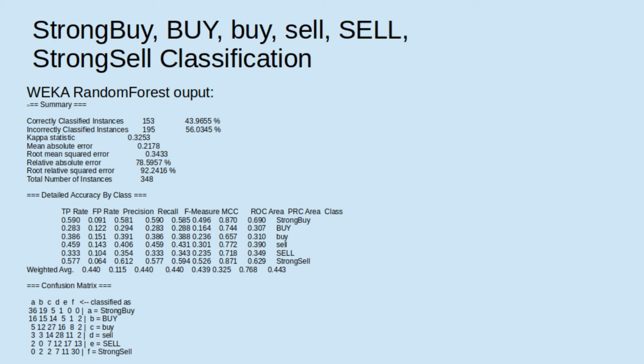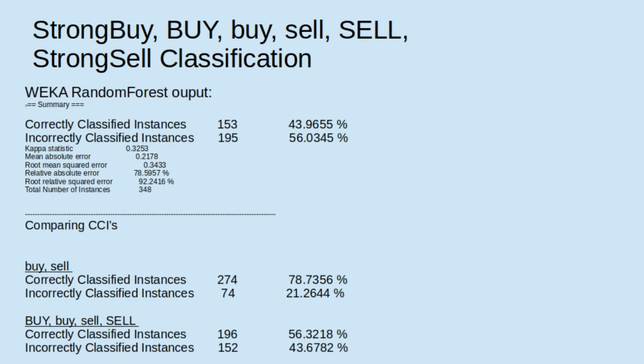So we run it through the random forest classifier, and this is the output. And as you can see, the correctly called instances is again even worse, and the incorrectly called instances is greater, but that is really of no concern. But we'll just take a quick look at the initial simple buy sell.